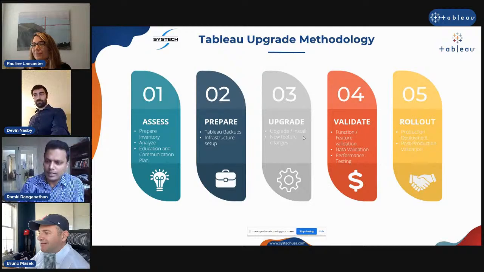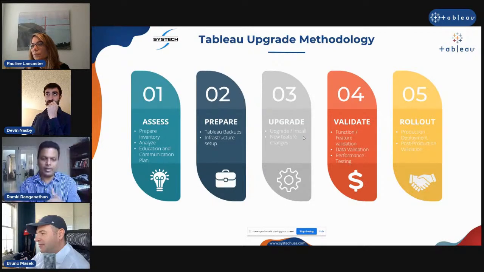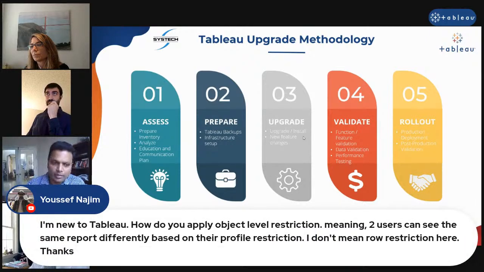But before I talk about the upgrade methodology, there is one question from Yusuf: how do we do object level restriction? How do we give a different experience when two users access the same report? So Yusuf, the way to do it is to use a combination of licenses, permissions, and site roles.